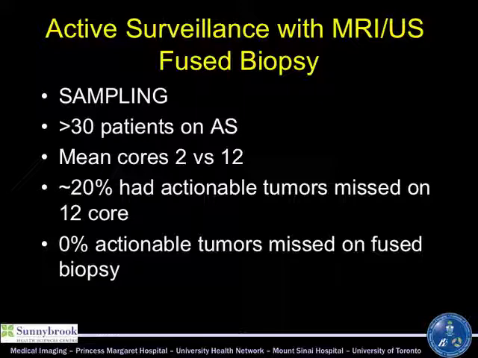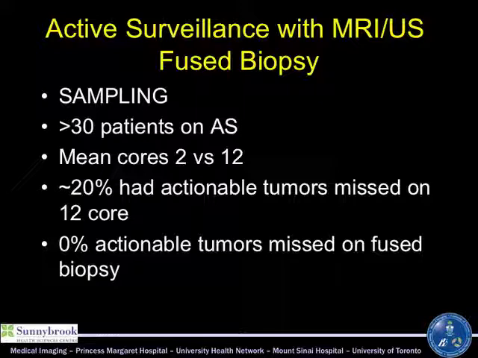And I think the consistent message coming out of these trials is, first, you're not missing very much. Second, despite cutting the core count substantially, you are actually picking up disease missed on the 12 core. So we're doing well on the sampling problem.